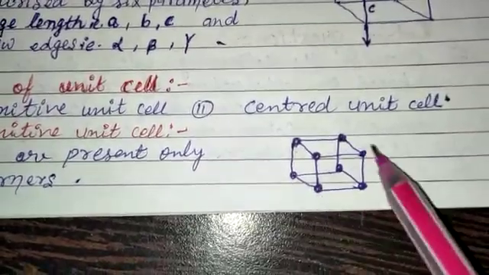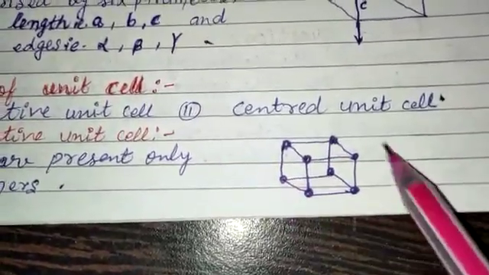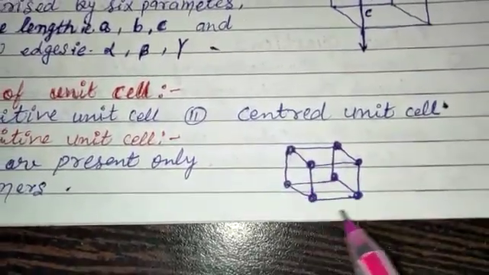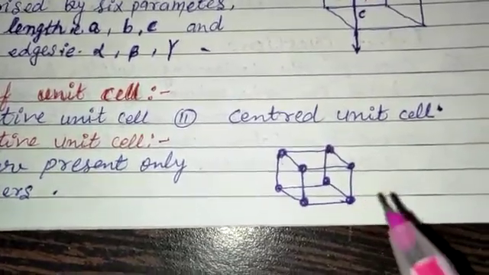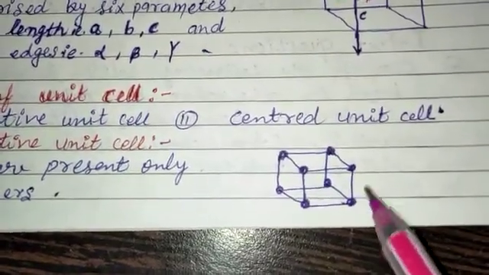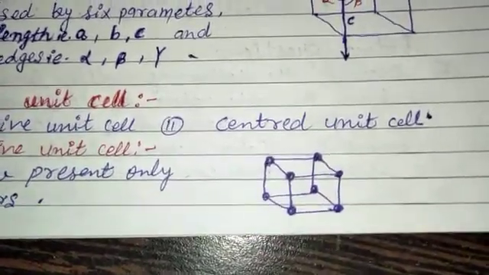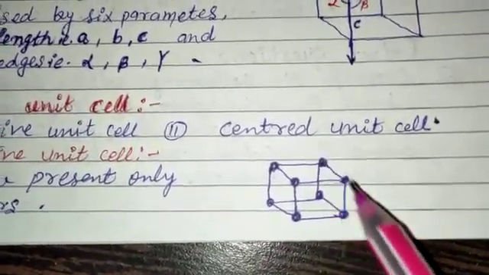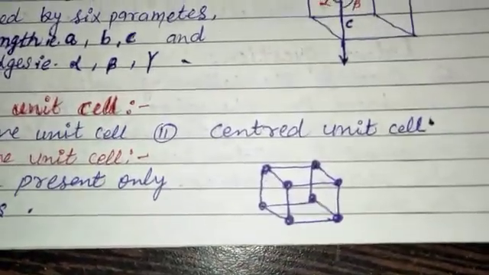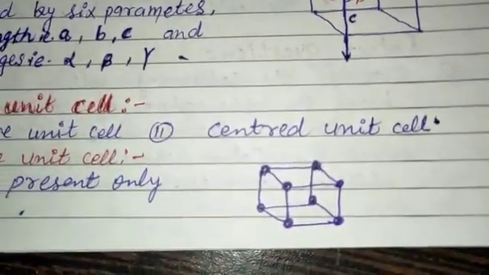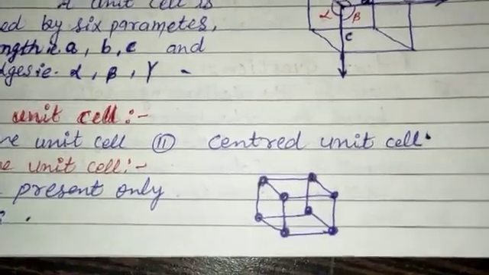See, this is a cubic unit cell. In a particular cube, there are 8 vertices, 1, 2, 3, 4, 5, 6, 7, 8, and particles are present only at the corners. So this is a simple or primitive unit cell.